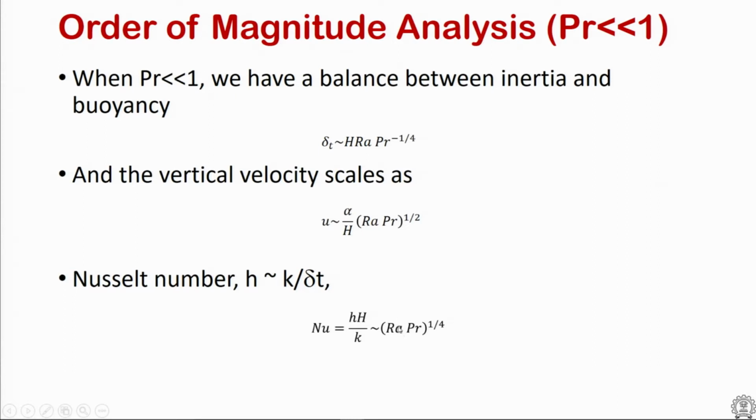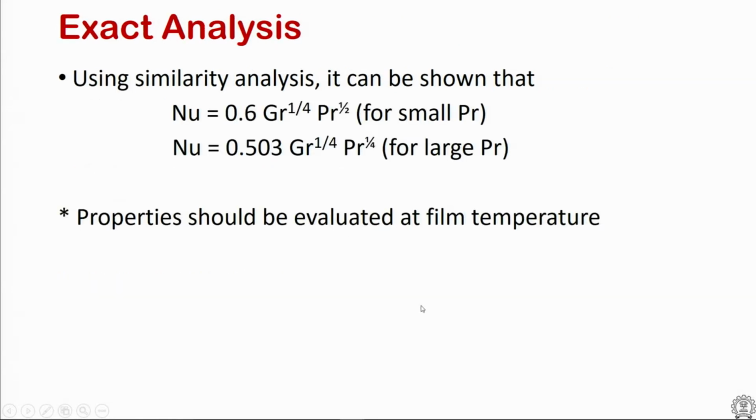Rayleigh is nothing but Grashof number times Prandtl number, but you indeed see that it becomes Rayleigh times Prandtl raised to the power 0.25. More exact analysis gives the same type of behavior, which confirms that order of magnitude analysis is a good way to understand or estimate Nusselt numbers.